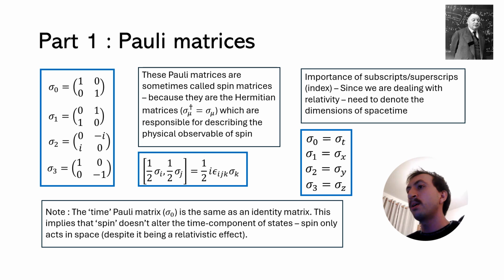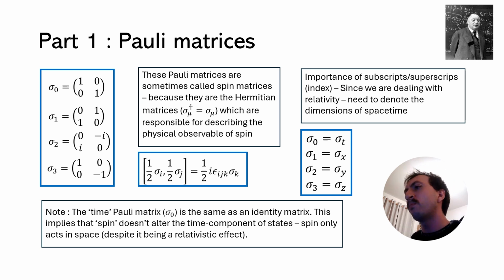However, the Pauli matrices that refer to space have a cyclical relation, which is a lot like the cyclical relation between operators of angular momentum in quantum mechanics. So it's also implying that spin as a physical observable should be analogous in some ways to angular momentum, which is a pretty good start, I think, to understanding these Pauli matrices.